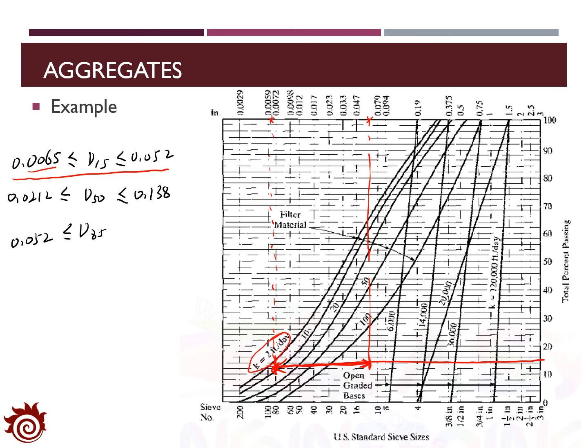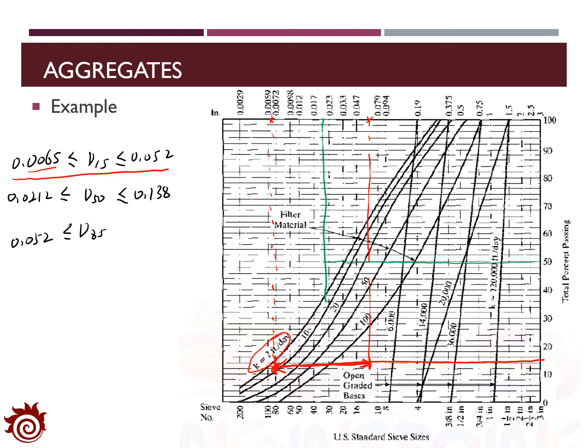And then for 50, so we have the line for 50, and then let's check the range. The lower bound is 0.0212. 0.0212 should be some place in between 0.017 to 0.023, and upper bound is 0.138.